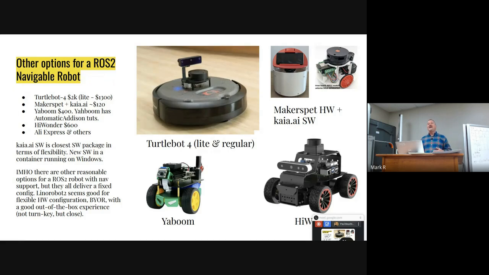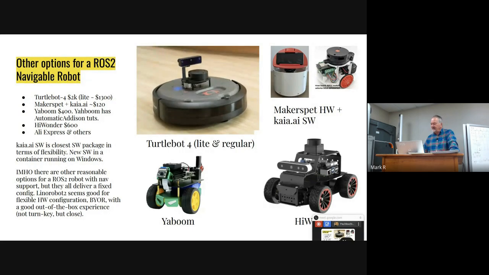It comes with Docker containers, and the Docker containers can be run on Windows, so it's a very Windows-friendly environment. Again, it's going to be turnkey for a particular robot. I'm sure there's flexibility there. You need to dig into the Docker containers and see what's in them and adjust it. We'll be going through the Linorobot configuration steps a little later, and you'll see how straightforward that is.